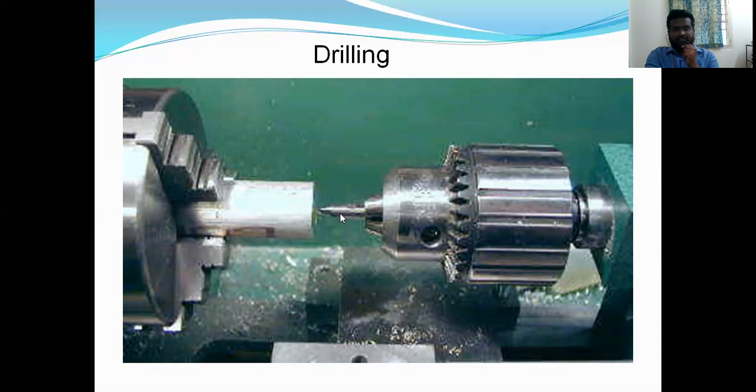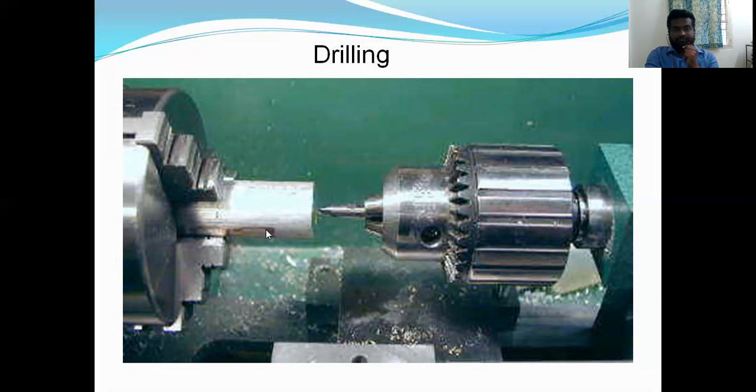The drill bit is fed into this revolving workpiece. By doing this, a small amount of material is removed and the required size of hole is produced. Here we have to remember the main point.